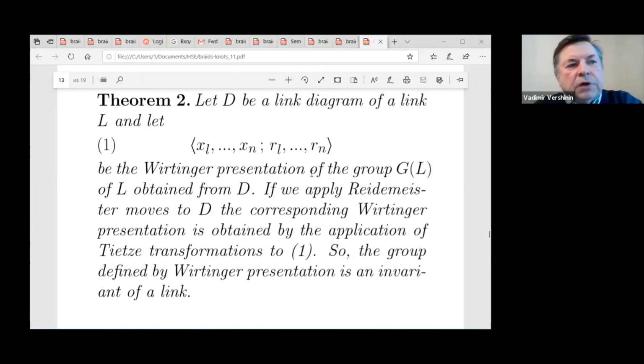Then, of course, the crossings in the diagram will change, and we have another presentation and maybe another group.